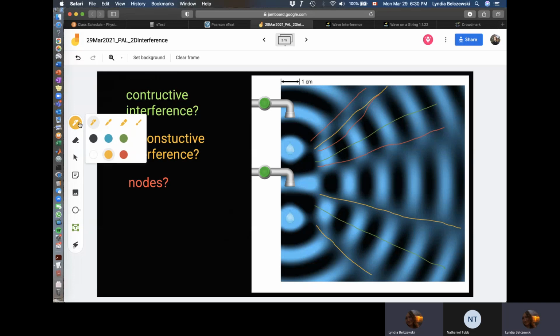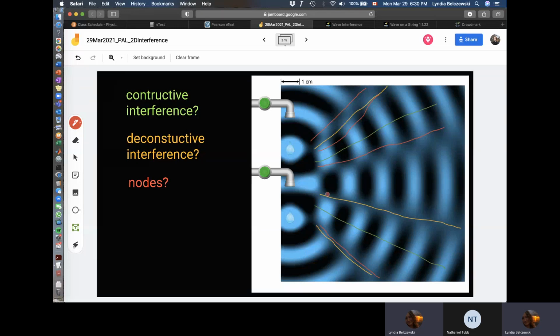Okay, so lastly are the nodes, and I see you've got a couple of nodal lines there. Those look good. The nodes are going to be where there is total or complete destructive interference. So I guess that's where I drew my yellow lines as well. We can have destructive interference that's only partial, and that would be in the vicinity of the nodes.